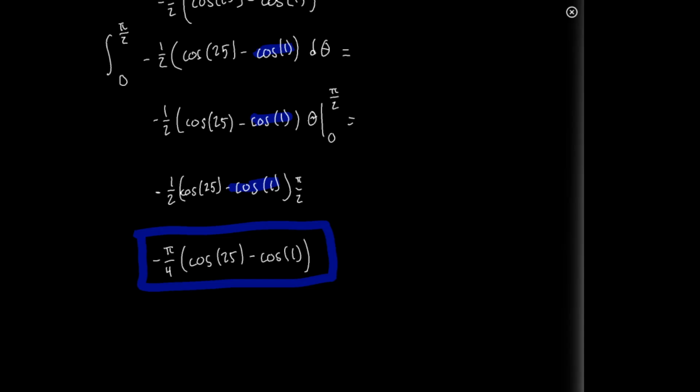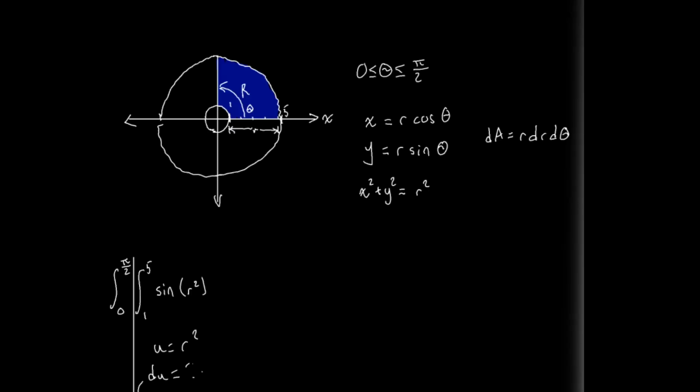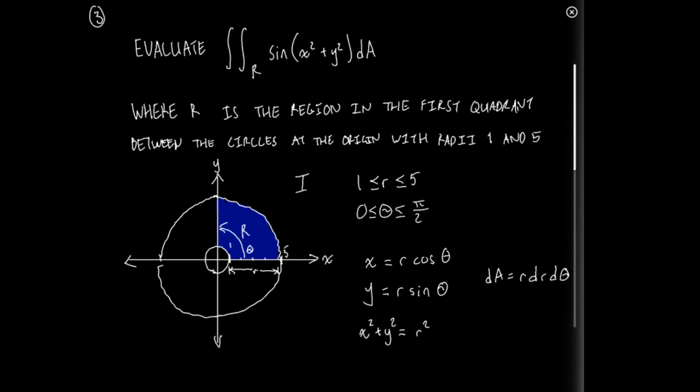Alright, just to go over everything that we did from the beginning. We were given a function and a description of the range that that function is to be integrated over with respect to the area.